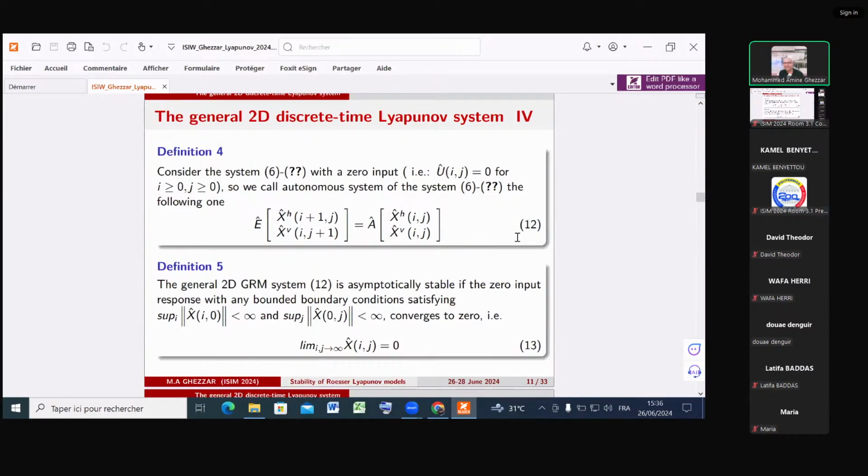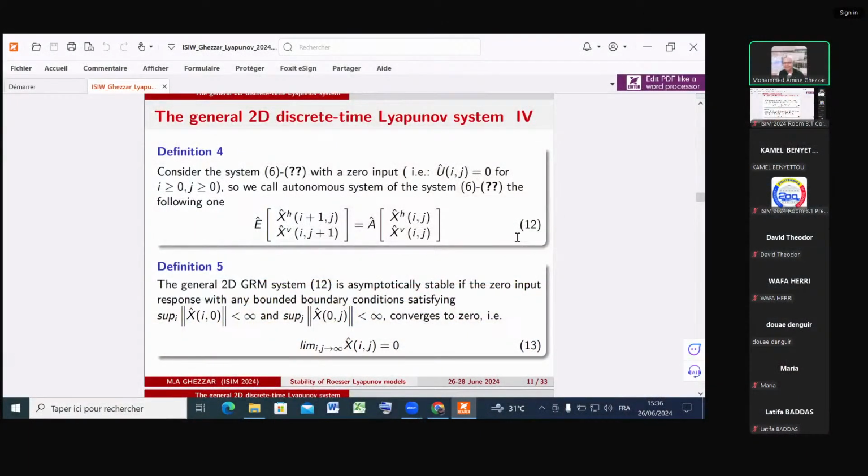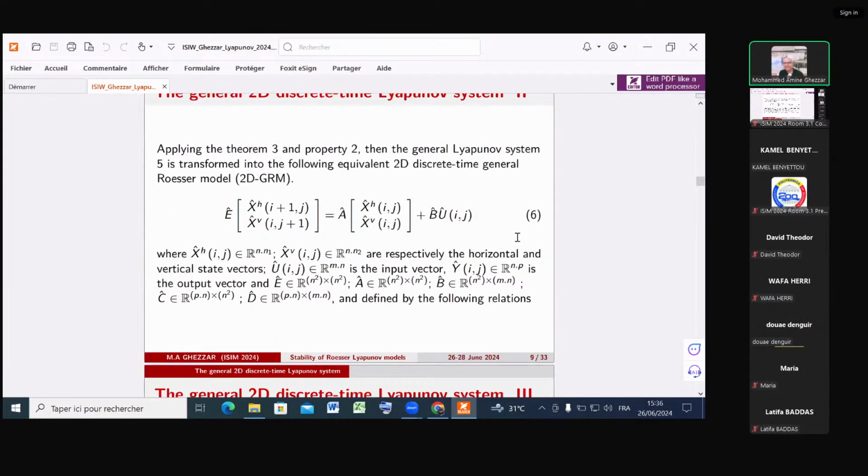This work deals with two types of bidimensional systems. One is called the bidimensional discrete-time system, with two discrete variables i and j, and the work also deals with the hybrid system.